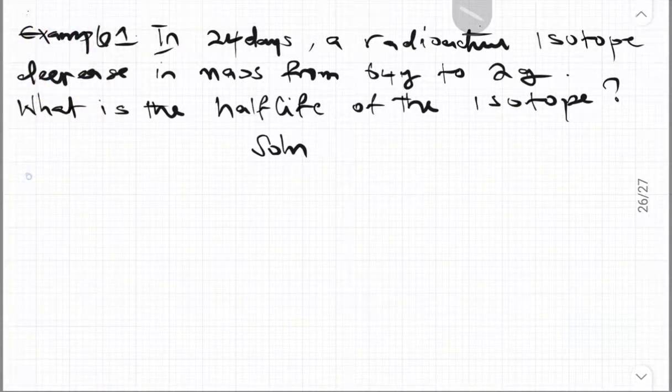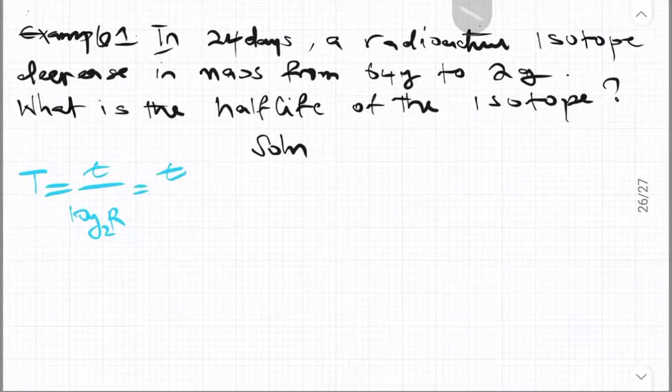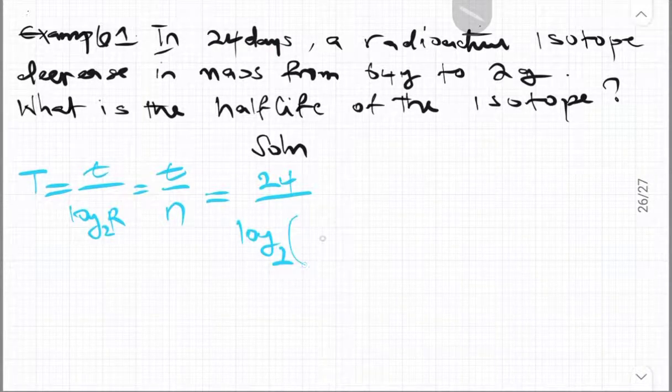From the formula that I gave, the half-life is equal to the time t over logarithm base 2 of r, and this is also equal to t over the number of half-lives. We are asked to find the half-life. t is 24, so we have 24 days over logarithm base 2 of r. What is r?